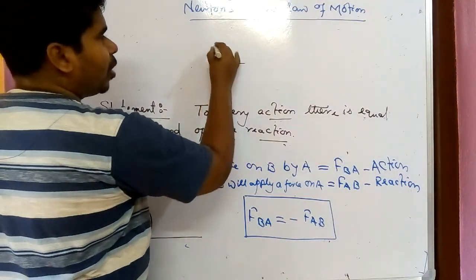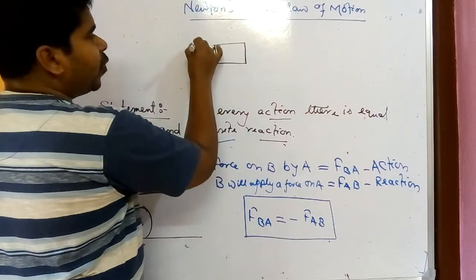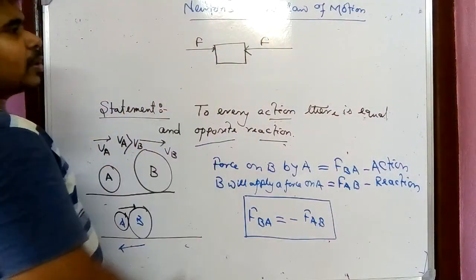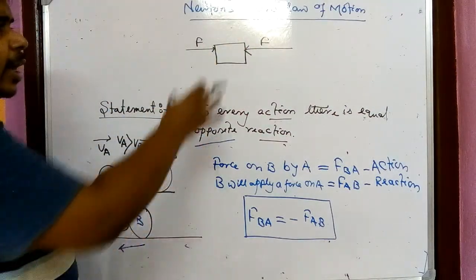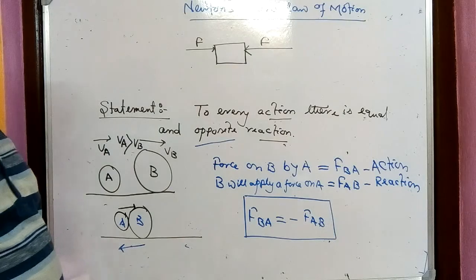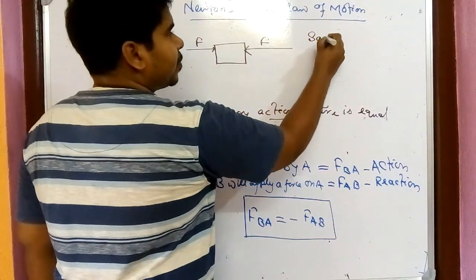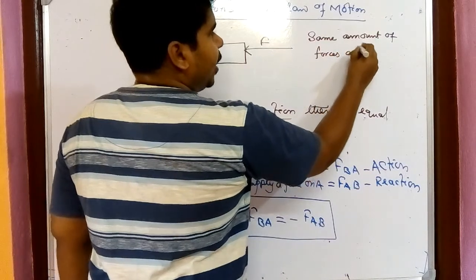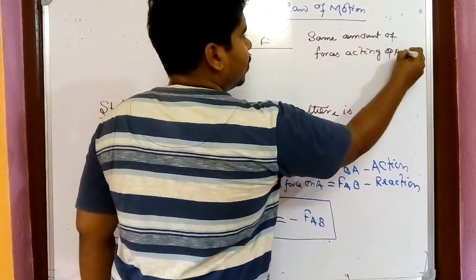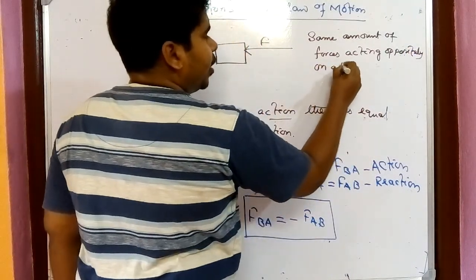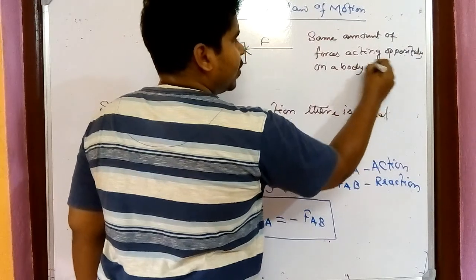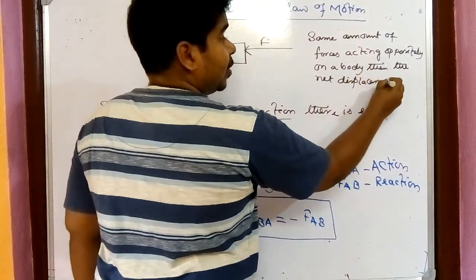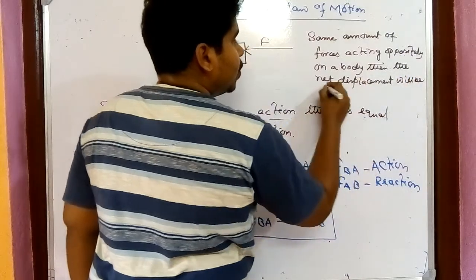Assume an object: here I am applying a force F, and from the opposite direction I have applied another force F. Both the forces are F, both are equal, and they are acting in opposite directions. If the same amount of force acts oppositely on a body, then the net displacement will be 0.